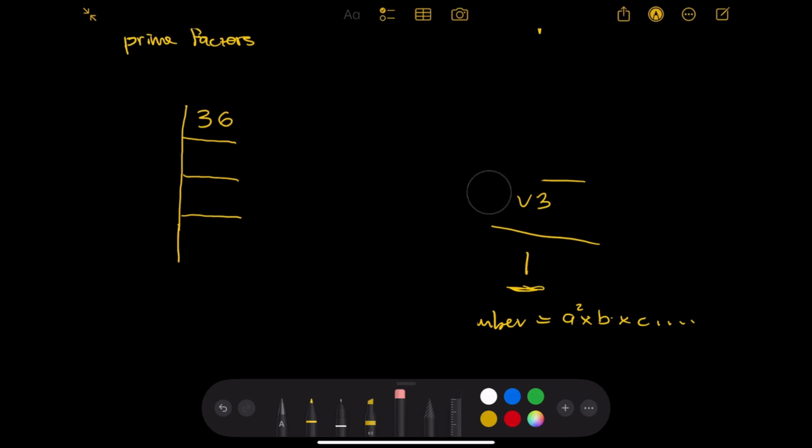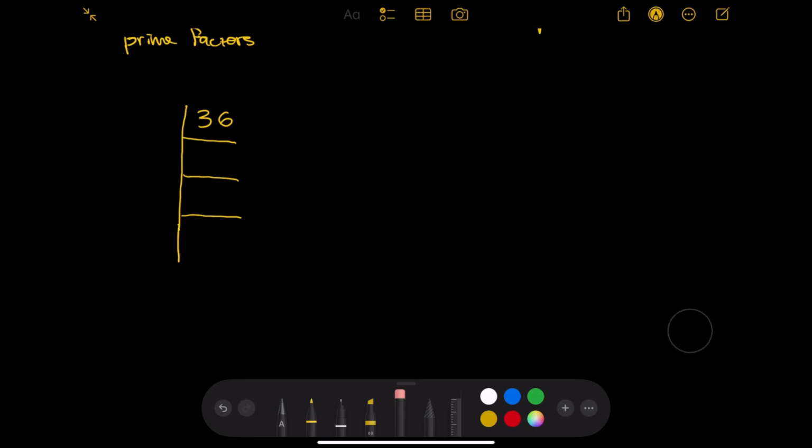So let's look at the number 36 and let's try to express this natural number as a product of its smallest prime factors, right? So when we think about this number 36, we know that we are dividing by its smallest prime factor.